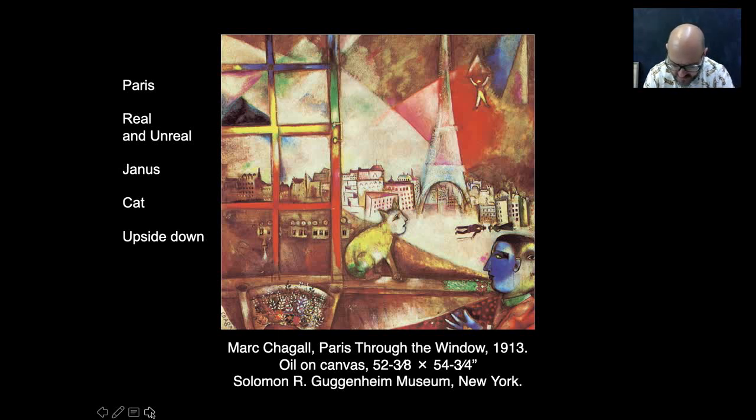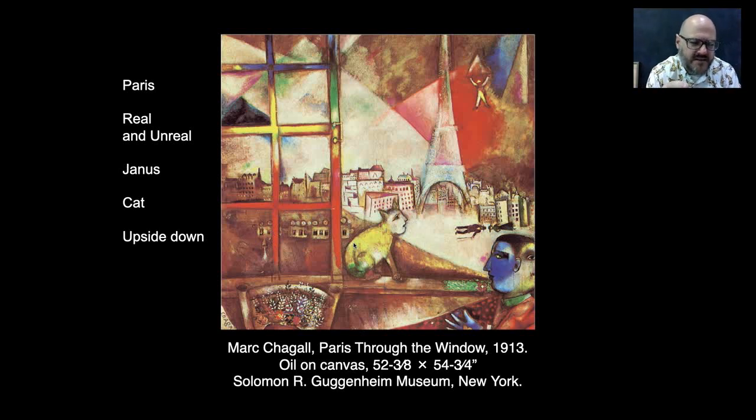Janus is the Roman god of doorways. Down here, you can see this weird cat with a human head, these figures that are walking sideways, a train that is upside down. So it's kind of real and unreal.